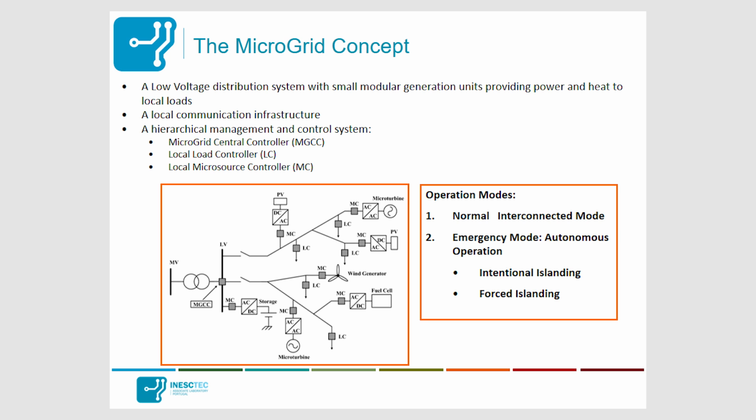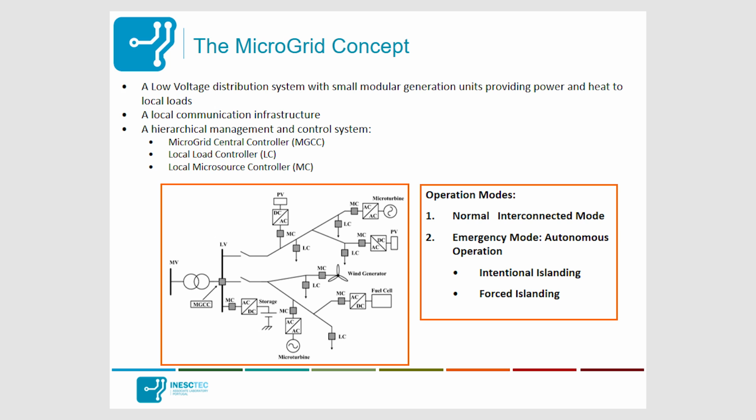And this cell allows the operation in two modes. What we call the normal interconnected mode, which means that the microgrid is interconnected with the upstream network. And then there is an emergency mode that is related with the possibility of operating this microgrid completely separated from the upstream network, so the islanding operation.